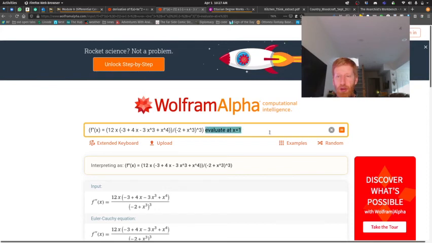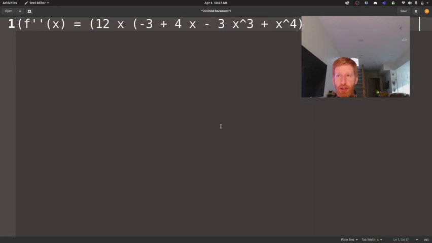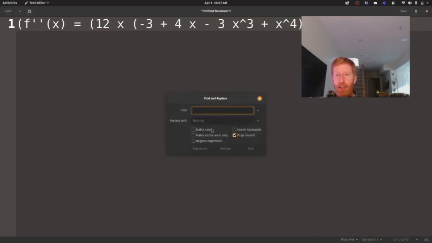So what I'll do is, here's what I'm going to do. I'm just going to plug this into a text editor. Control H is usually find and replace. We'll replace all of our x's with 1s, and we'll hit replace all. Is that right?